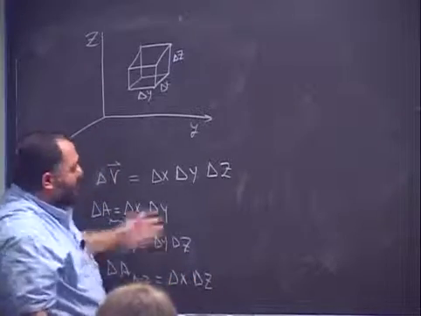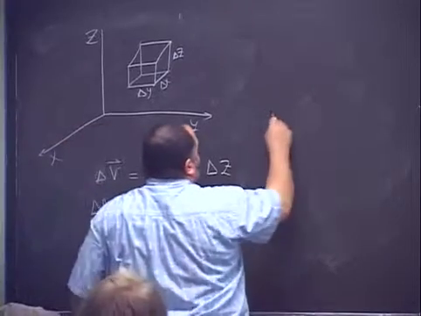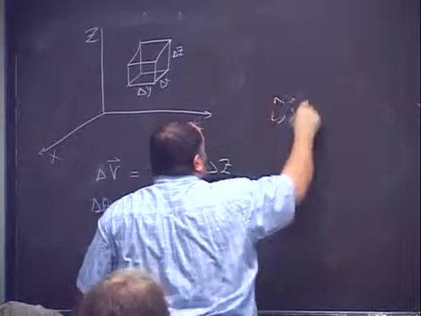Again, the three unit vectors are I, j, k.